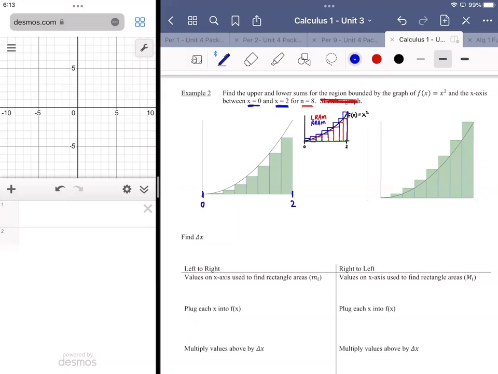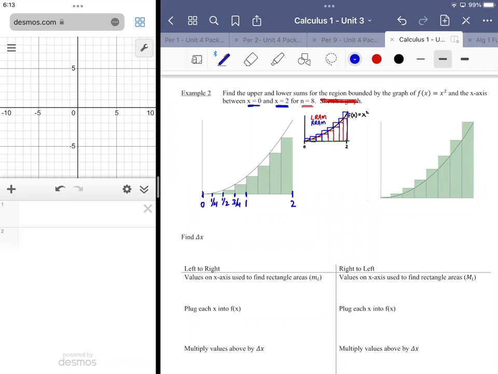So if I break this interval up into 8 evenly spaced increments, halfway in between, I'd have a 1. Half of that would be 1/2. We'd have a quarter, then 3/4. So we know the spacing for each increment would be 1/4. So that's my delta x.